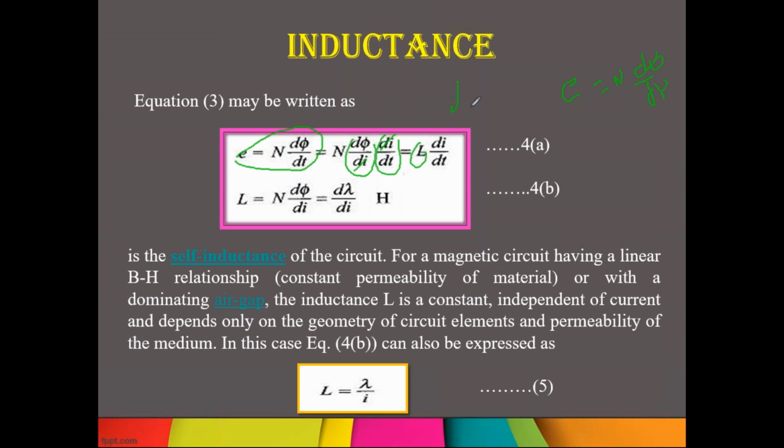This indicates the voltage drop across the inductor, based on how much current is flowing in the conductor. In this condition we can write L is equal to d lambda by di, so instead of N phi I can substitute lambda here.